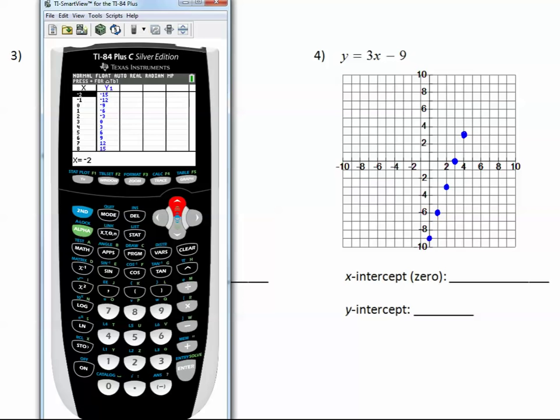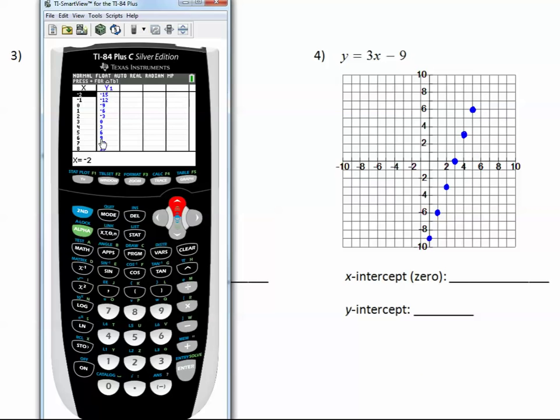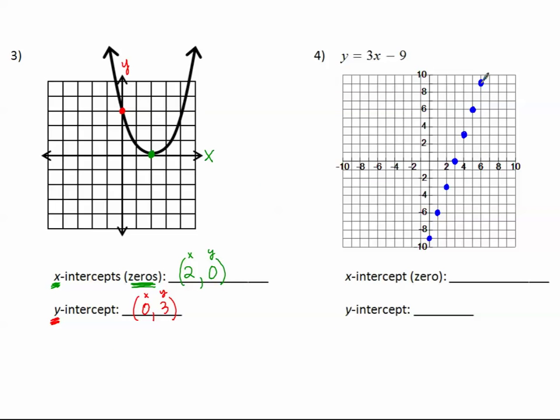I've got room for a couple more. 5, 6. And 6, 9. And now I can graph my line. I'll put arrows to show it would keep going if I kept going.